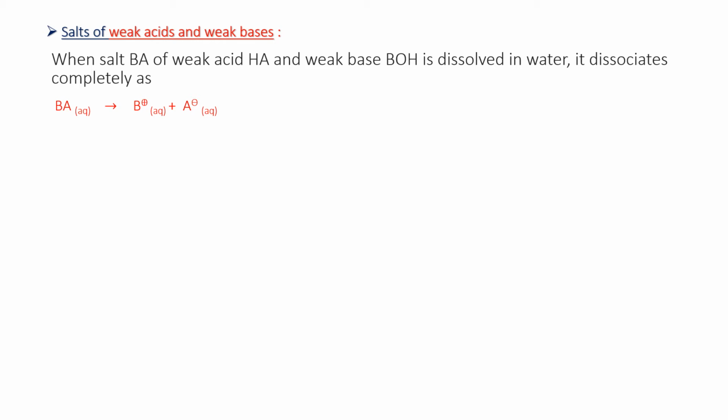Your BA is made up of weak acid HA and weak base BOH. When BA is dissolved in water, you get B plus and A minus.